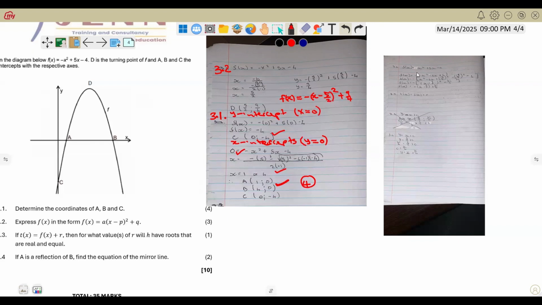Then here you factored out negative. Then we are left with x squared minus 5x plus 4, which is correct. Then when you come here, negative is out. You have x squared minus 5x plus half that coefficient, then you subtract it again.